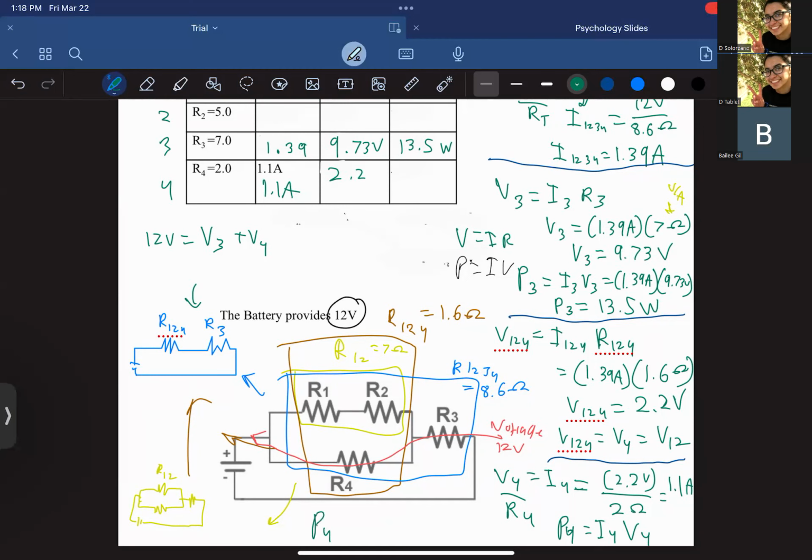So P of 4 is equal to 1.1A and voltage, which is 2.2. So that got us 2.42 watts. Cool.